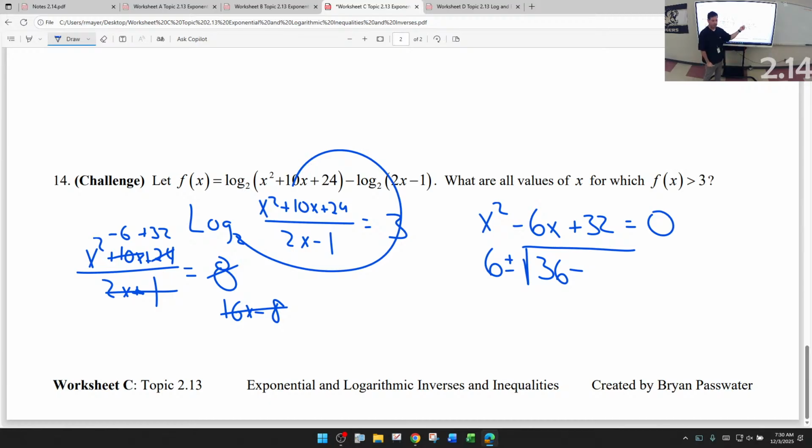No matter what I plug in here, I'm going to get a positive. Am I thinking correctly? Good? Because it's never 0, I can't draw a number line and ever have it 0. That quadratic does something like that. I don't know what it does, but it's above the x-axis.